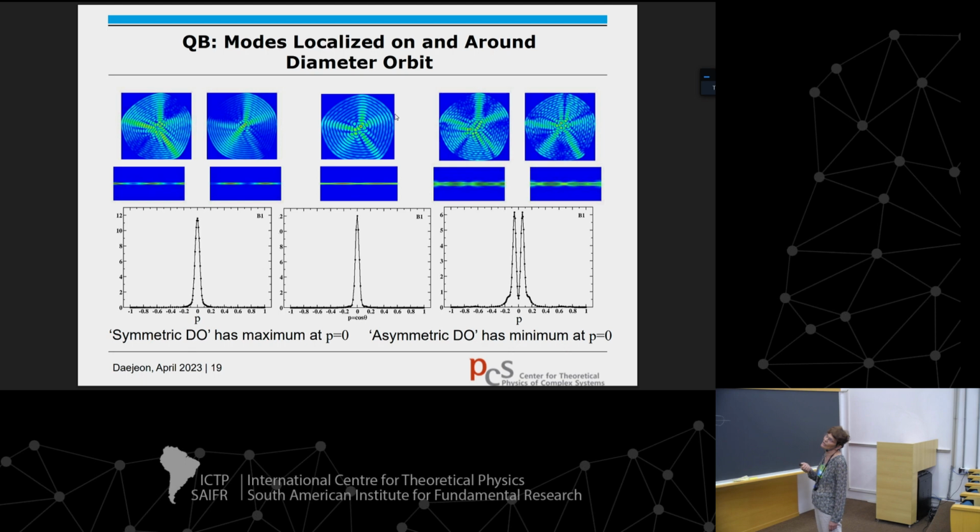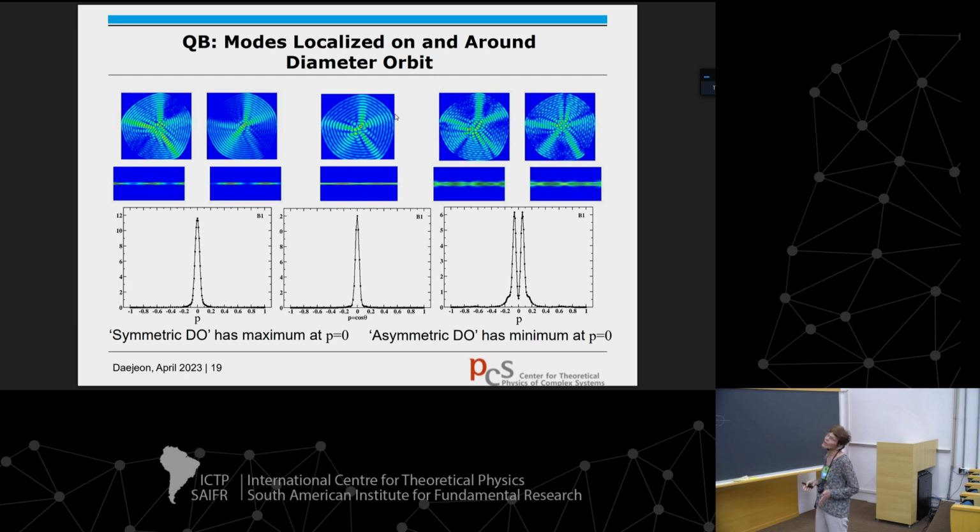When you look here at the Husimi distribution, here you have some which are symmetric around p equal to 0, but the distribution is broader than for a diameter orbit. This is a diameter orbit. Or you can have nearly degenerate pairs of eigenvalues which correspond to close to diameter orbits. This means that in the Husimi distributions, they are very close to p equal to 0, and they are split into two peaks.